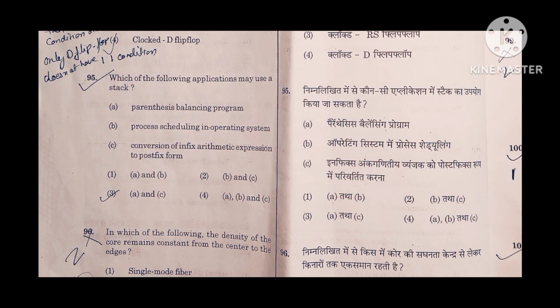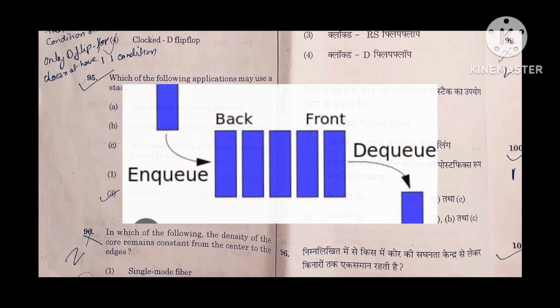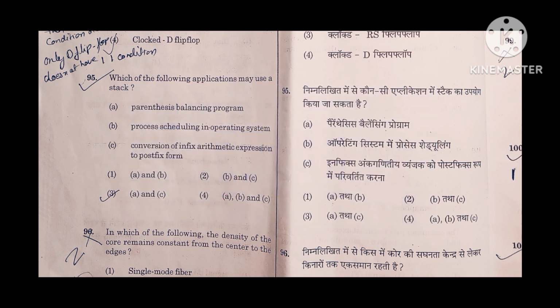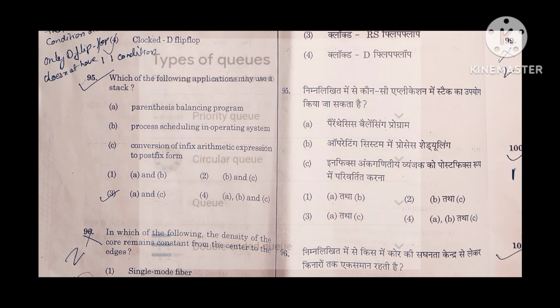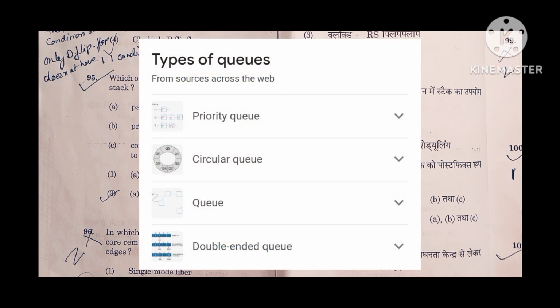Now what is queue? As I told, it is basically based on first in first out. Okay, so queue have two ends, front end and rear end. From front end we perform dequeue operation, and from rear end or back end we perform enqueue operation. Okay, there are basically four types of a queue: simple queue, double-ended queue, circular queue, and priority queue.